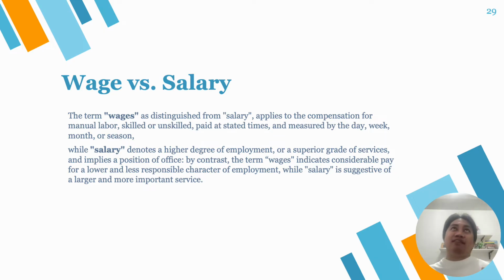Salary, on the other hand, denotes a higher degree of employment, a superior grade of services, and it implies a position of office. When you contradistinguish this with wages, that indicates a considerable pay for a lower and less responsible character of employment. Salary, on the other hand, suggests a higher form of compensation for a more important service.